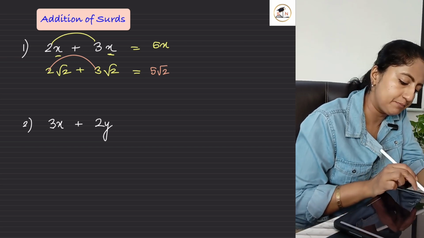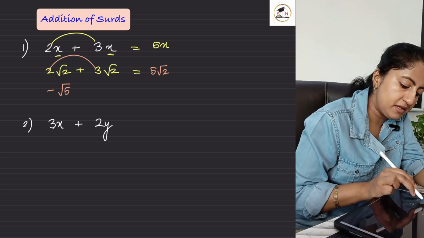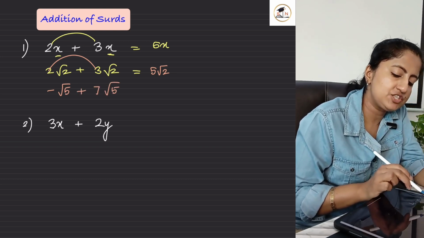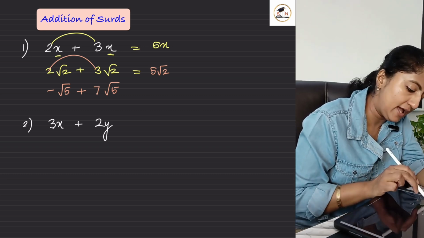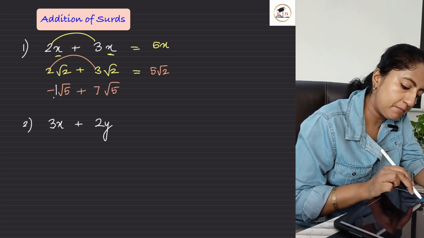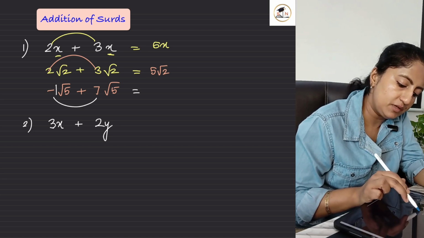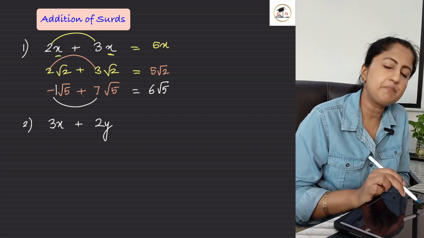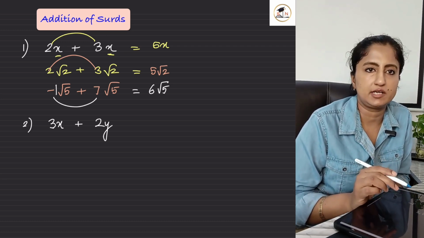I will take another example. Let's say I have minus root 5 plus 7 root 5. Now, when I just write minus root 5, what exactly does it mean? It means I have minus 1 over here, right? So minus 1 plus 7 gives me 6. So my answer is going to be 6 root 5. That means when we have the same root, we can easily add the rational numbers written outside.